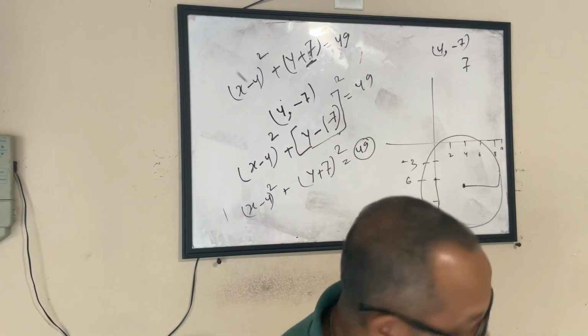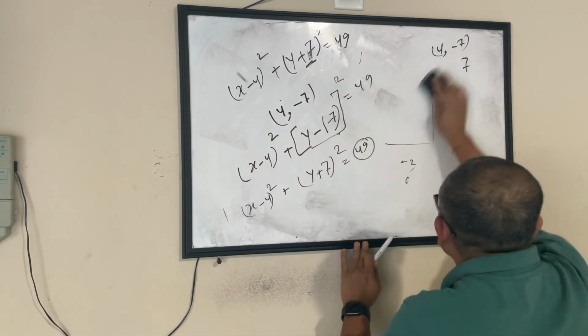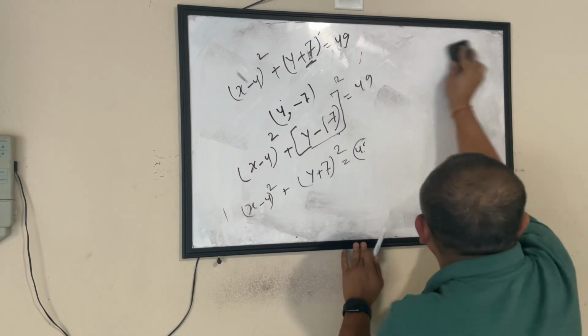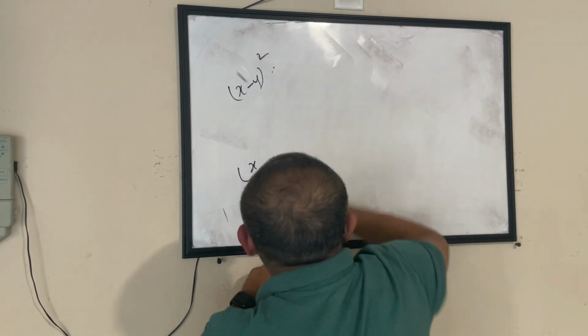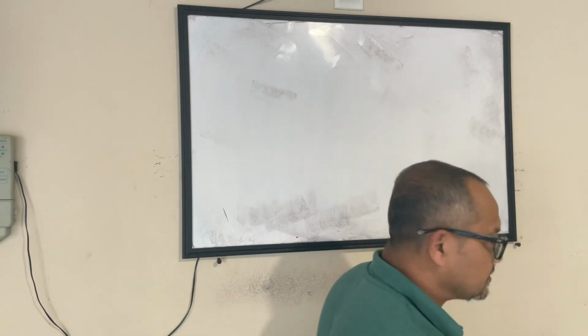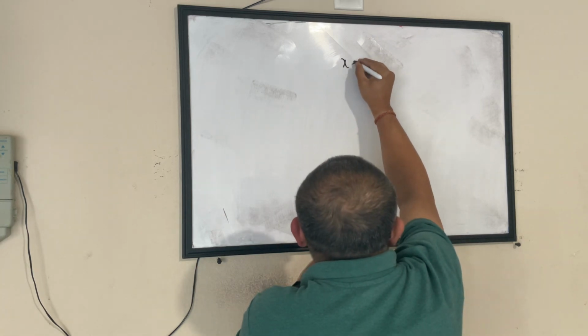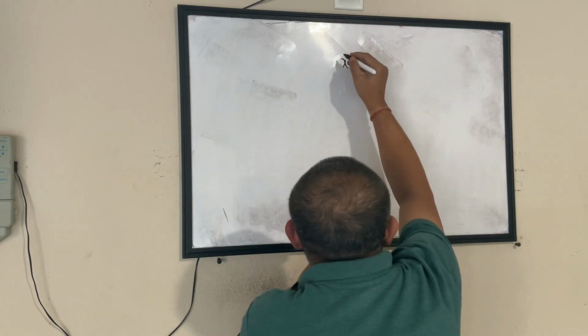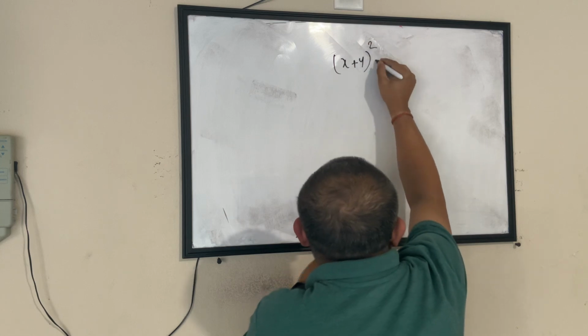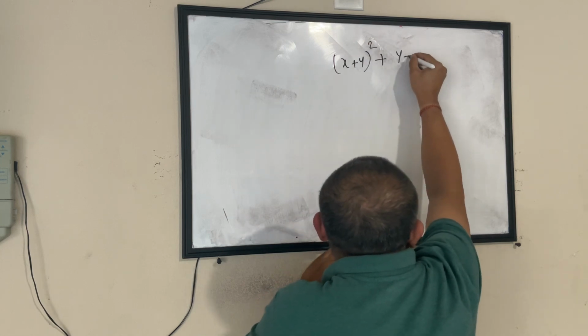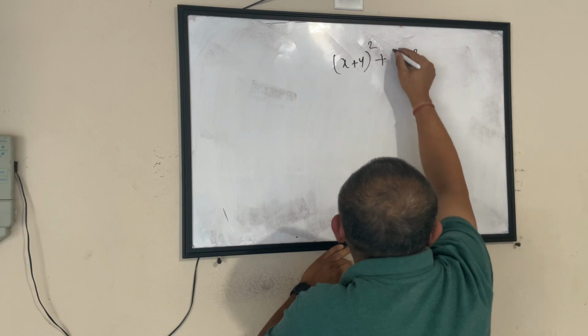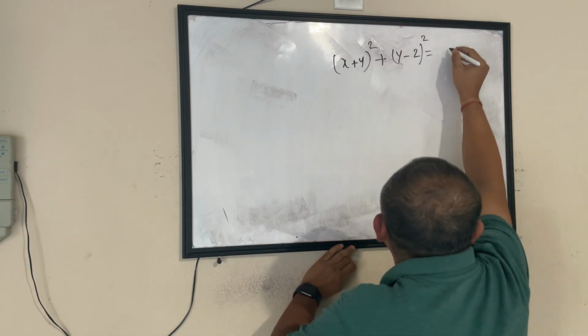So now let's do one thing. Let me give you a little bit of practice before we move on to the next part. Let's say I have an equation that represents a circle: (x plus 4) squared plus (y minus 2) squared equals 4.